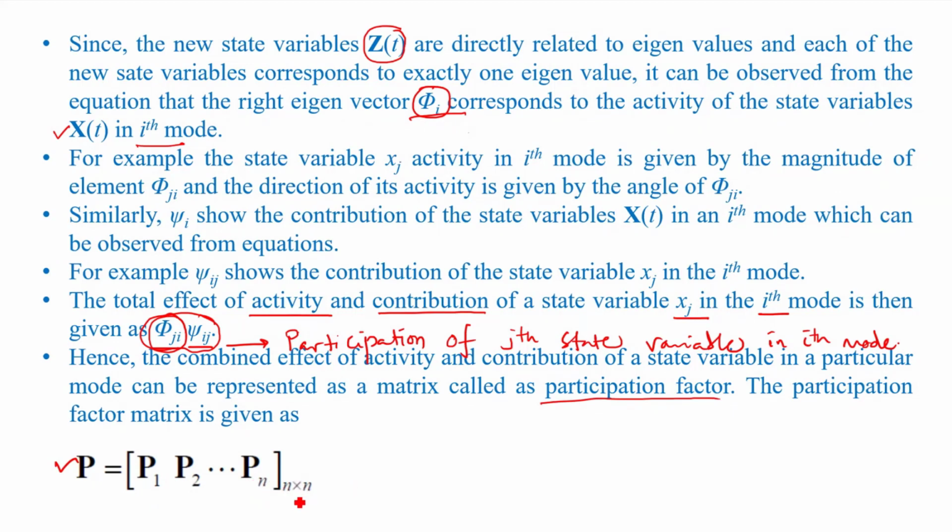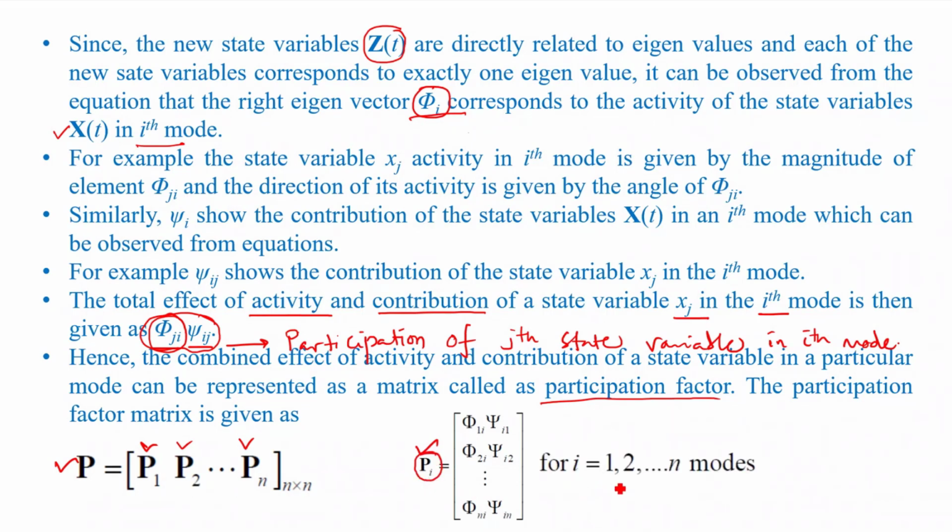So it is an n by n matrix. Suppose pi, the elements of pi will be phi 1i psi i1, phi 2i psi i2, up to phi ni psi in. So this is the ith participation vector in the participation matrix, and this is valid for i equal to 1 to n modes.